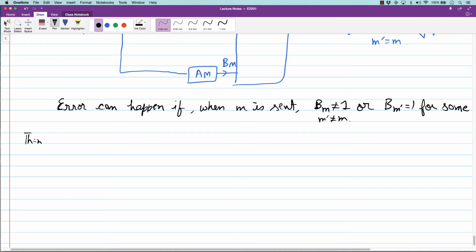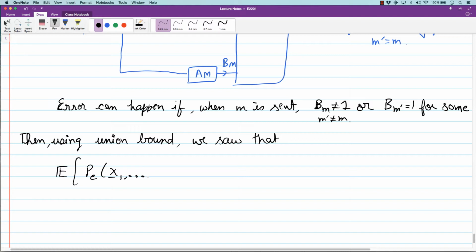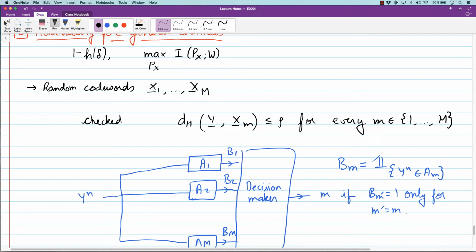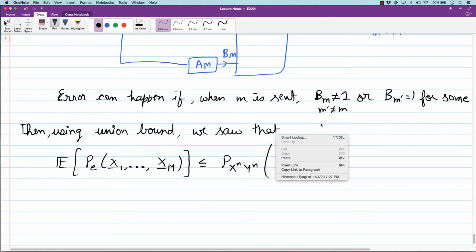Then using the union bound, we saw that the expected average probability of error corresponding to these randomly chosen codewords x1 to xM, which were all generated from the same distribution P_X^n, can be bounded by a sum of two terms. The first part is the probability that the Hamming distance between y and xm was greater than rho, under the binary symmetric channel.